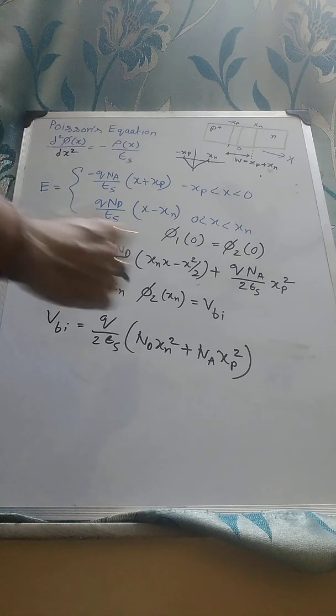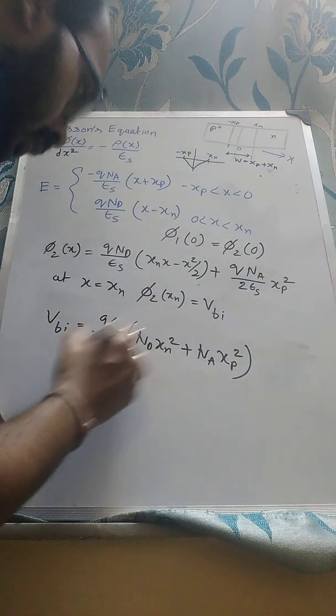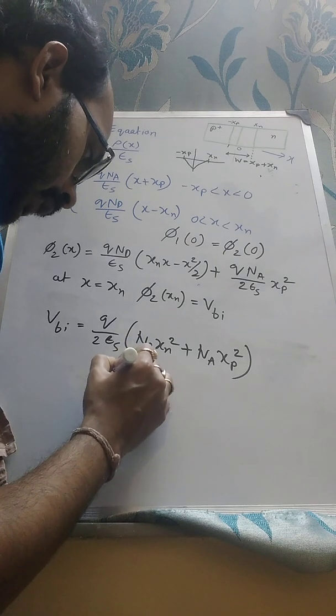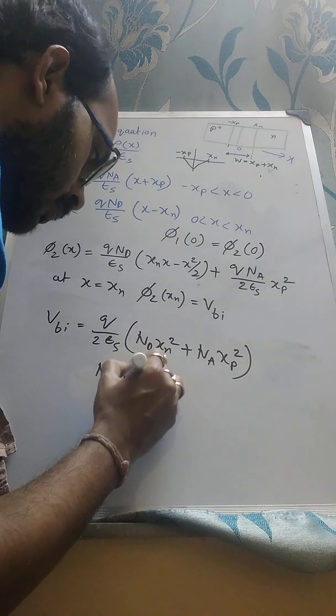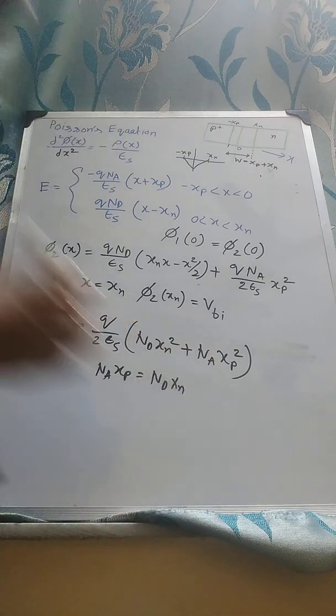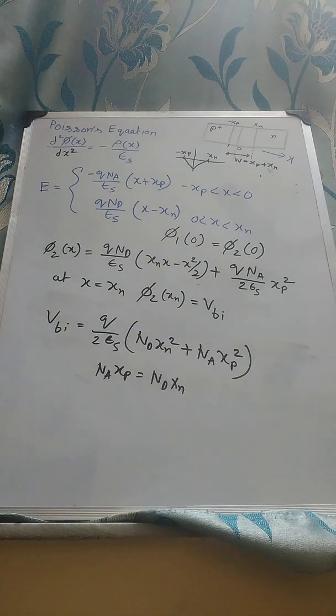Now you have another very important expression, that is Na xp equals to nd xn, right? This is another very important result.